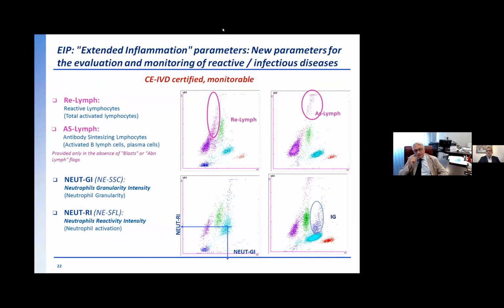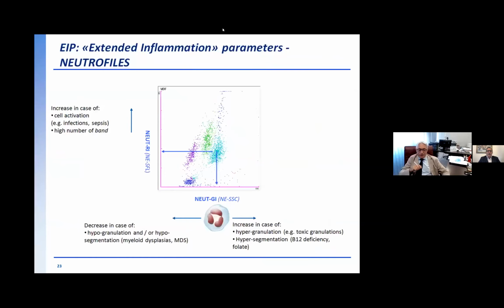Then you have neutrophil granularity intensity, NEUT-GI, related to the complexity due to the side scatter in our neutrophil population, and then neutrophil reactivity intensity, NEUT-RI, related to neutrophils.